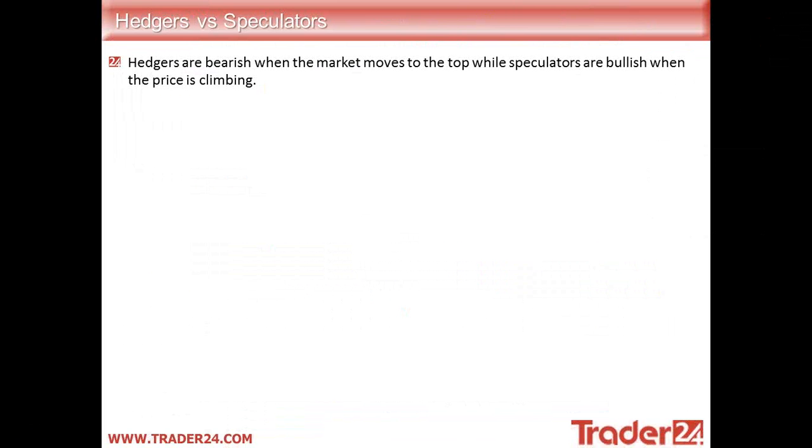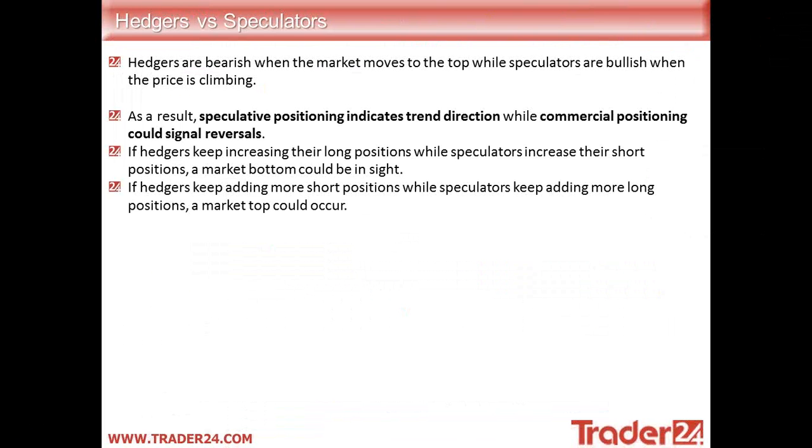Hedgers are bearish when the market moves to the top, while speculators are bullish when the price is climbing. As a result, speculative positioning indicates trend direction, while commercial positioning could signal reversals. If hedgers keep increasing their long positions while speculators increase their short positions, a market bottom could be in sight.